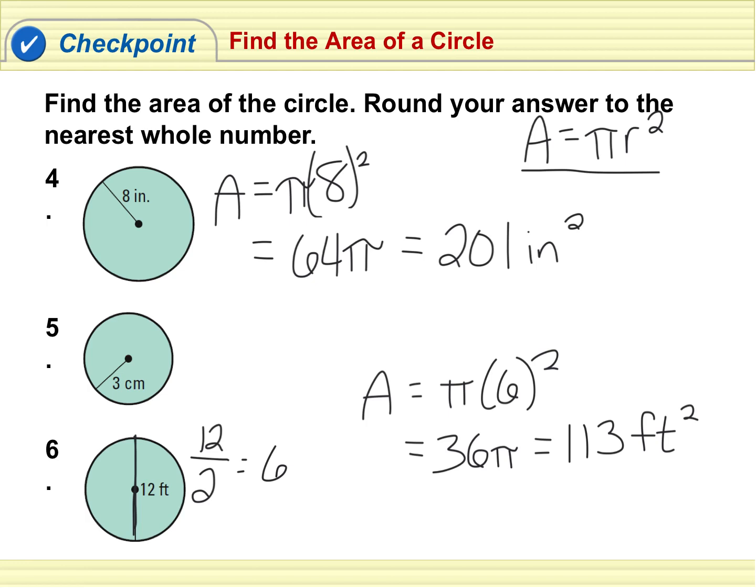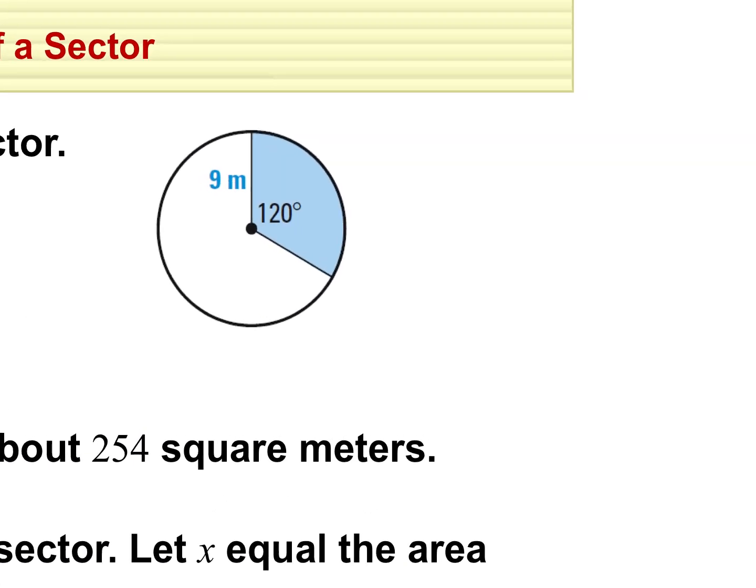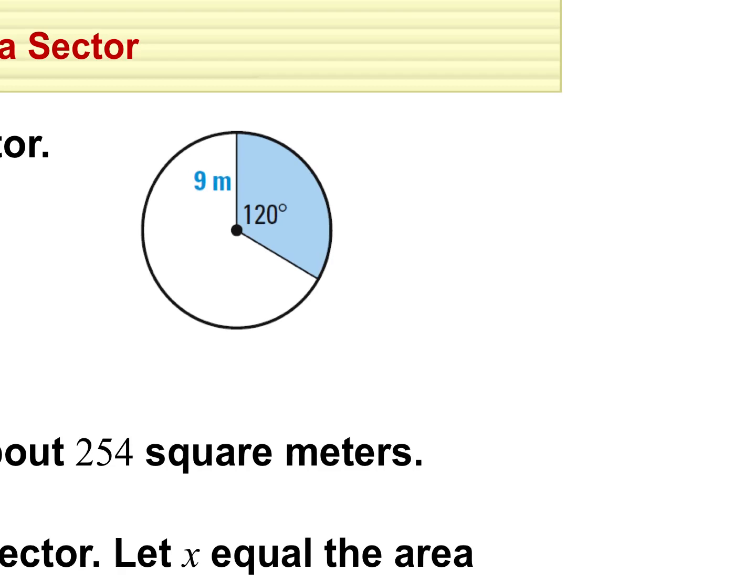Doing all right? Okay, there's one we have to talk about, and that's area of a sector. What's a sector? If I'm talking about that diagram right there, what does sector mean? A sector is a part of it, right? It's a section. 120. Why do they have it in degrees? Because it's a circle, right? A portion of that is however many degrees it covers.